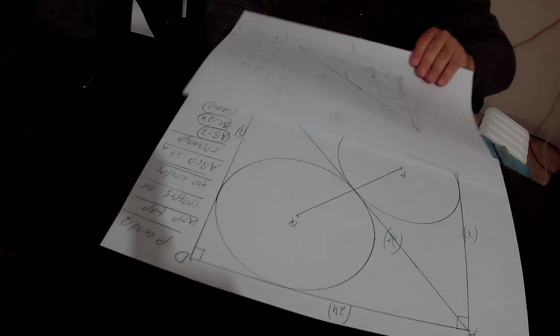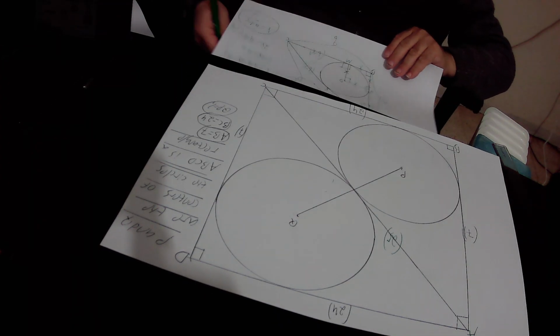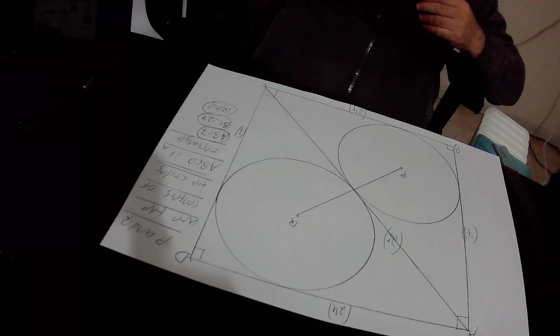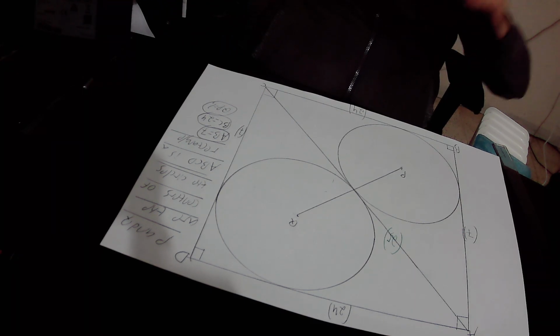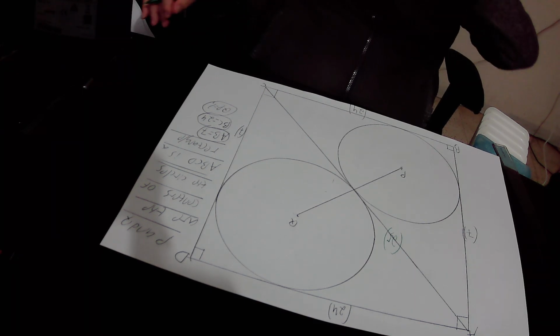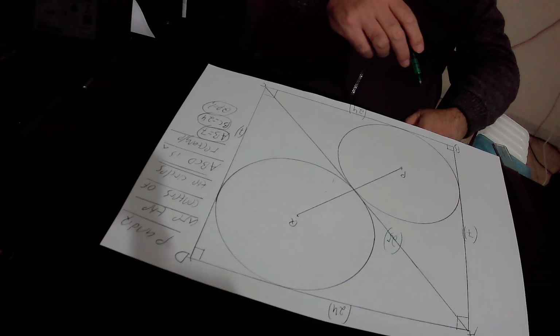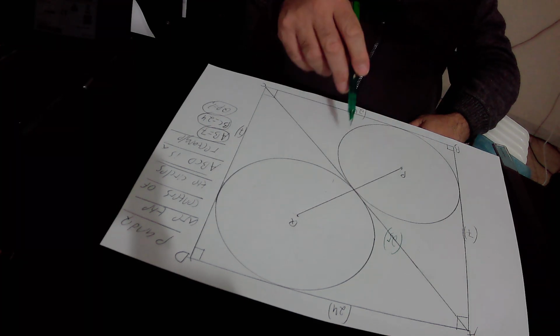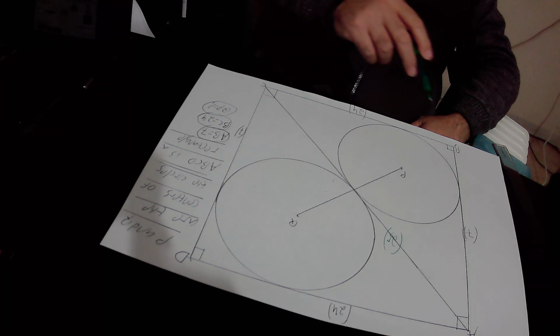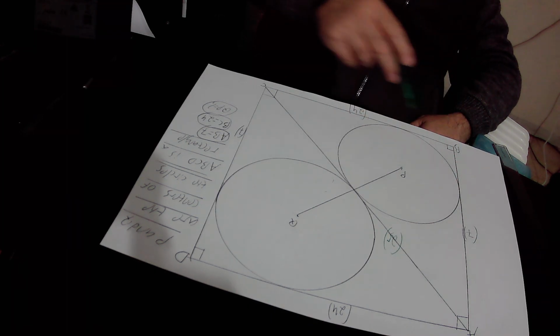So we can use this formula in order to find out the radius of the circle that is blocked by the right triangle ABC.